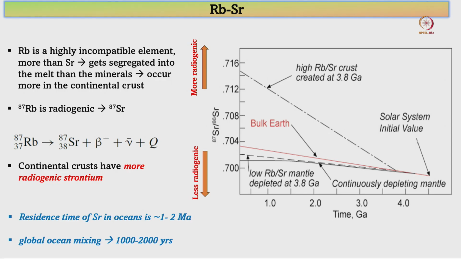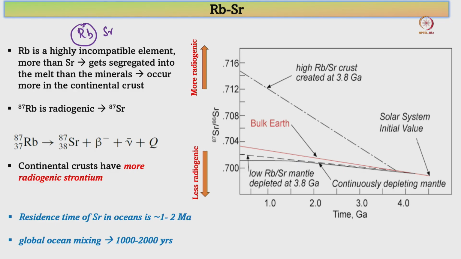And we are going to look into details how this system is applied in aquatic chemistry. I have already explained two things. First, rubidium is a very incompatible element. In fact, it is more incompatible than strontium. That means, given rubidium and strontium, rubidium will prefer the melt phase, the magma phase, more than strontium.